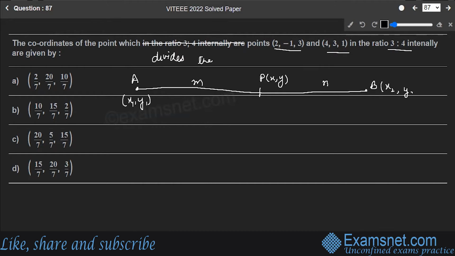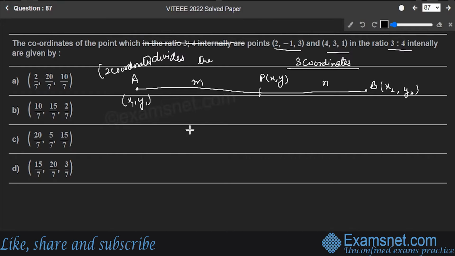The coordinates of B are given by x2, y2. Okay, so in this case, this is a similar thing. This is for the two coordinates and this is for three coordinates. Okay, so let's extend this section formula for the three coordinates.